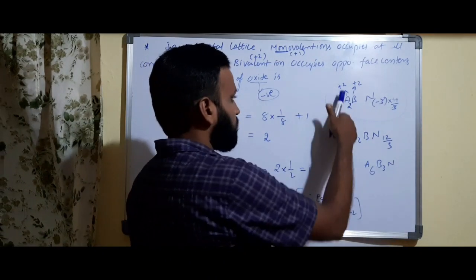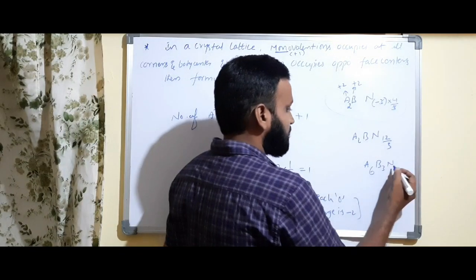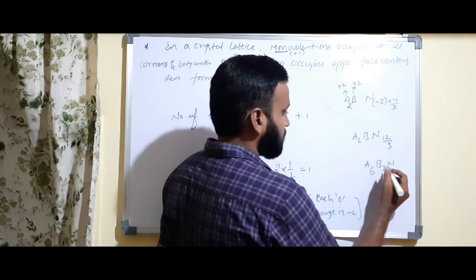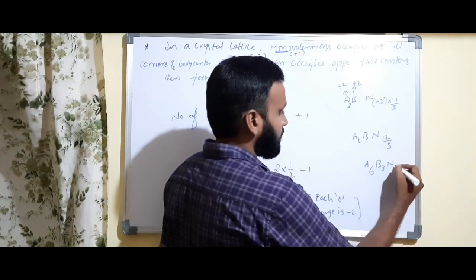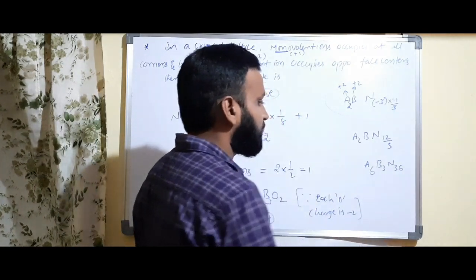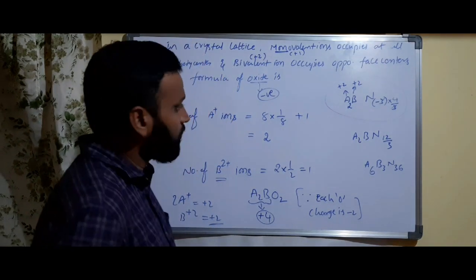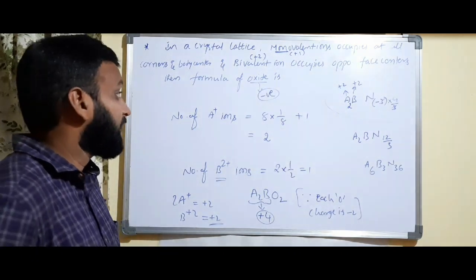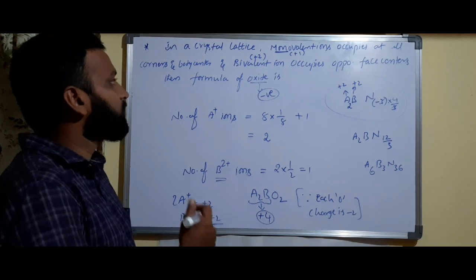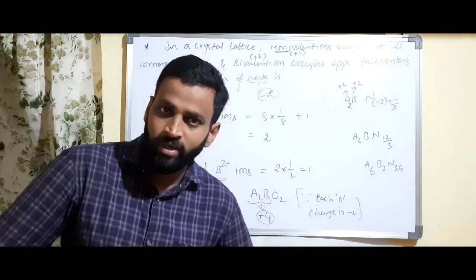I will get -4, because the total charge is +4 now. How was I considering 5? So it was wrong. Now A6B3N, if you multiply by 3, it is 6, 3 and 3s are now 36. If you simplify, you will get the normal nitride. In this way you can get what is oxide and what is nitride. Okay sir, thank you. We will do more numericals on all these things and discuss what voids are, tetrahedral voids, octahedral voids and all those things.